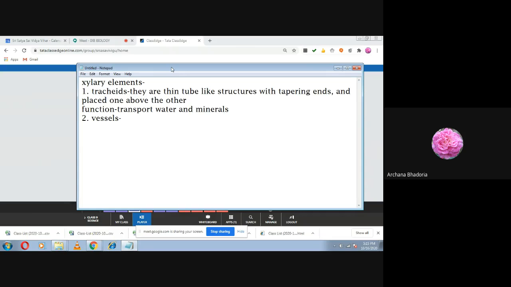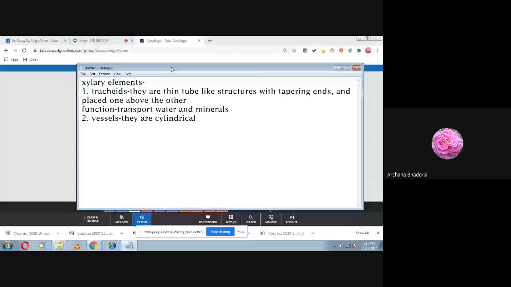One very important thing you are not noticing in the figure. Try to see that. They are cylindrical. Okay. So they do not have the tapering ends, children. That is the difference. And they are bigger, larger in size.